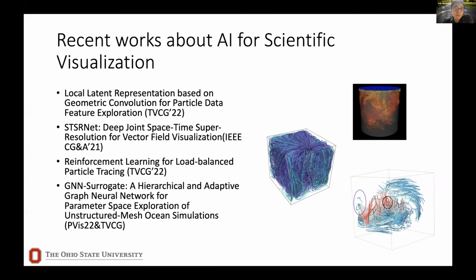One is our very recent acceptance at IEEE TVCG about how we can use reinforcement learning for particle tracing. The focus of the research here is that when the data is so big, you need to distribute the workload, i.e. the streamline seeds, to different processors. Because the seeds are placed at different locations, they are going to travel through different regions of complexity.